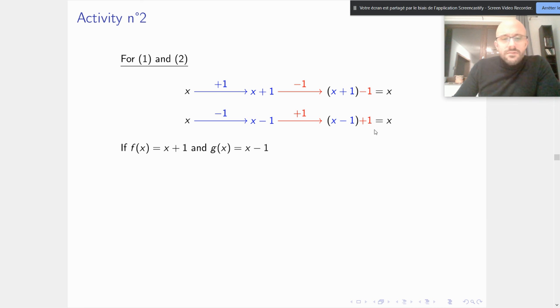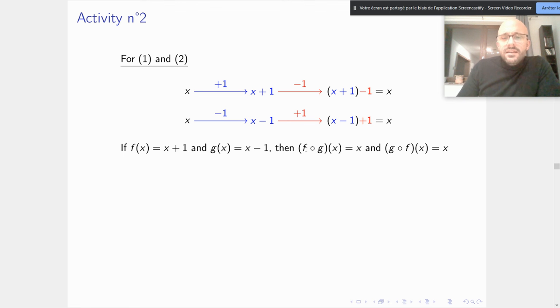And here, backwards. So what you can see is that f after g gives us x, and also g after f gives us x. It's a pretty neat property, isn't it?